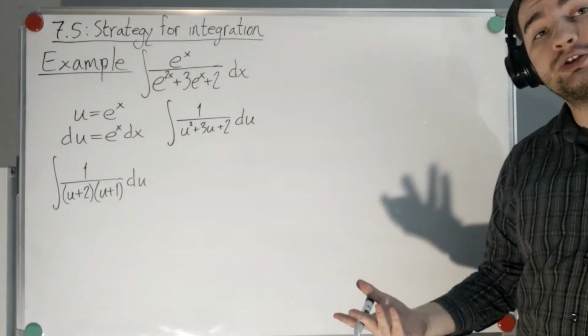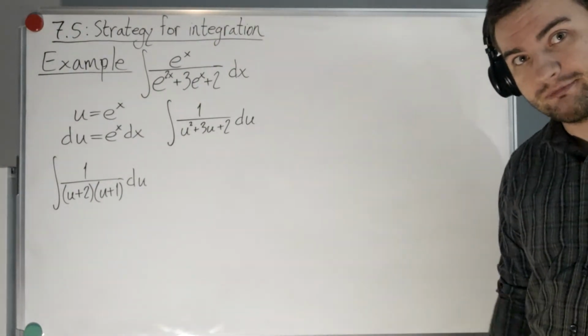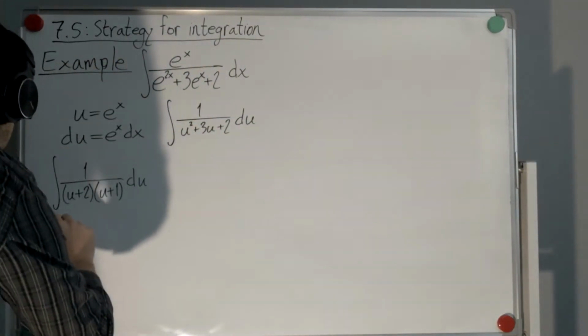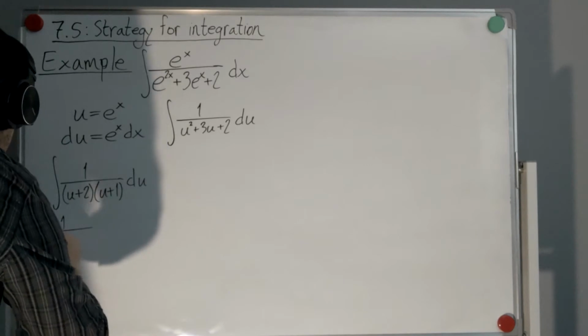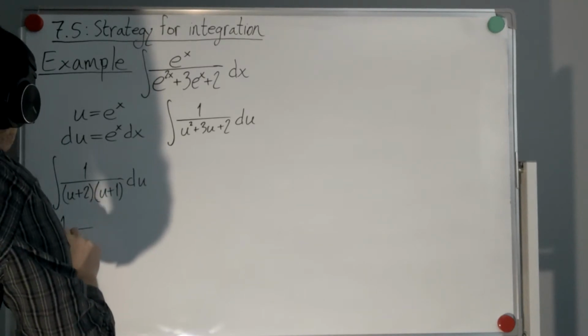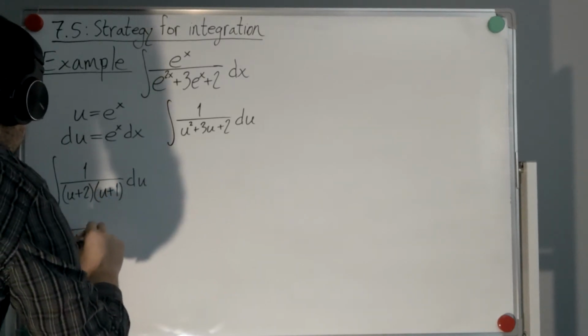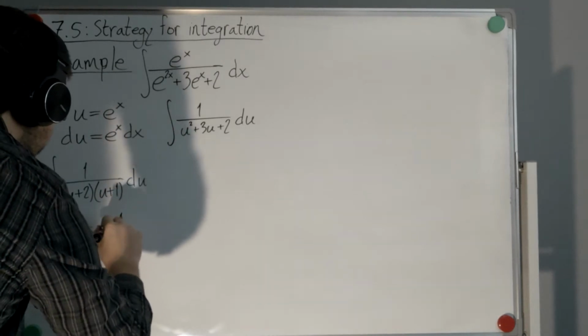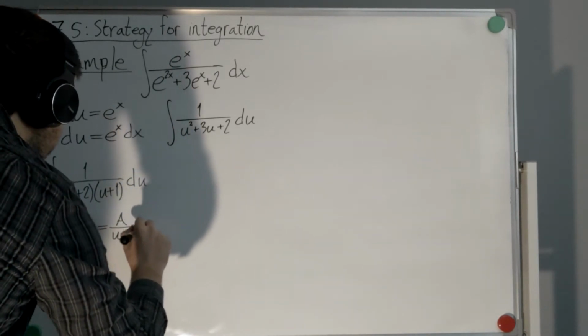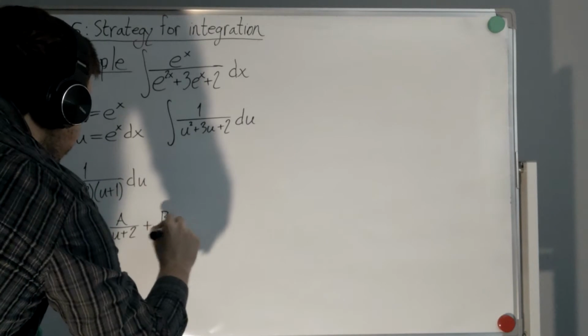And then from there we can do partial fractions on that. All right? So why don't we take a look at how that would go. So that's going to be 1 over u plus 2 times u plus 1. This needs to be equal to a over u plus 2 plus b over u plus 1.